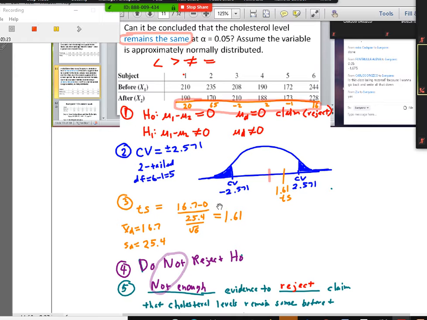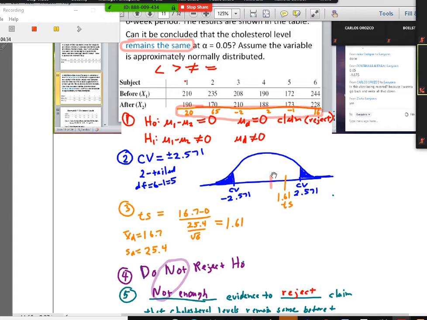All right, so here, test stat is our x bar, 16.7 minus our mu from our claim, so that's 0, over our s over square root of n. We have 6 items, so it's square root of 6. We get 1.61.